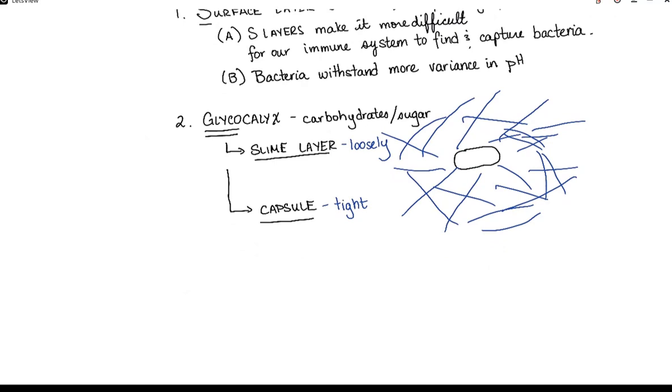So if this bacterium was instead to secrete glycocalyx as a capsule, it would look more like this. You can see I'm keeping it really close to the cell that's secreting it, so it's wrapping up like a cocoon.